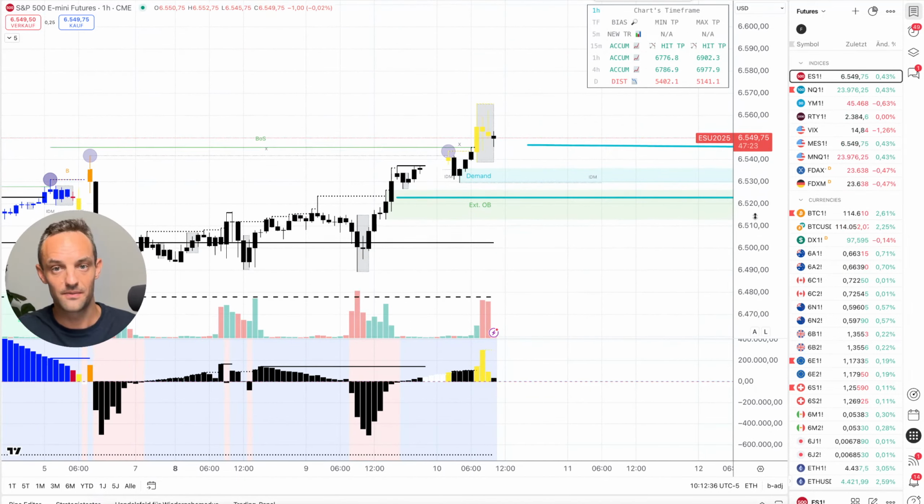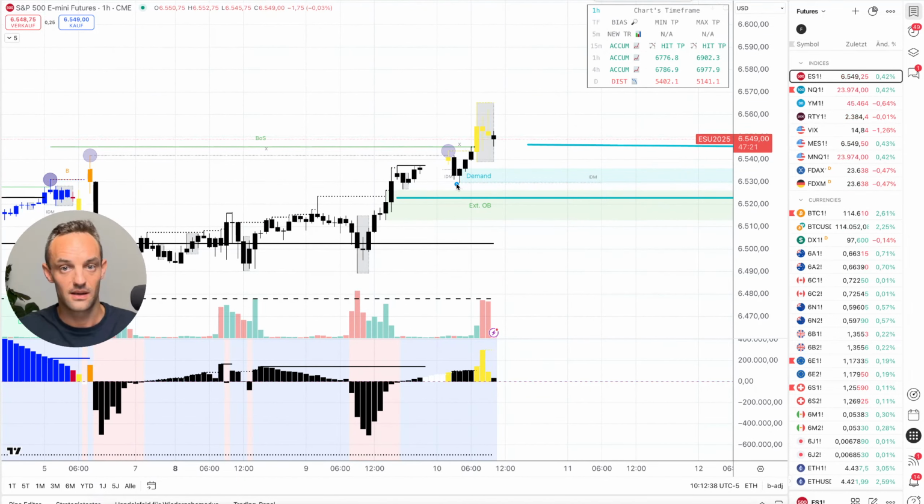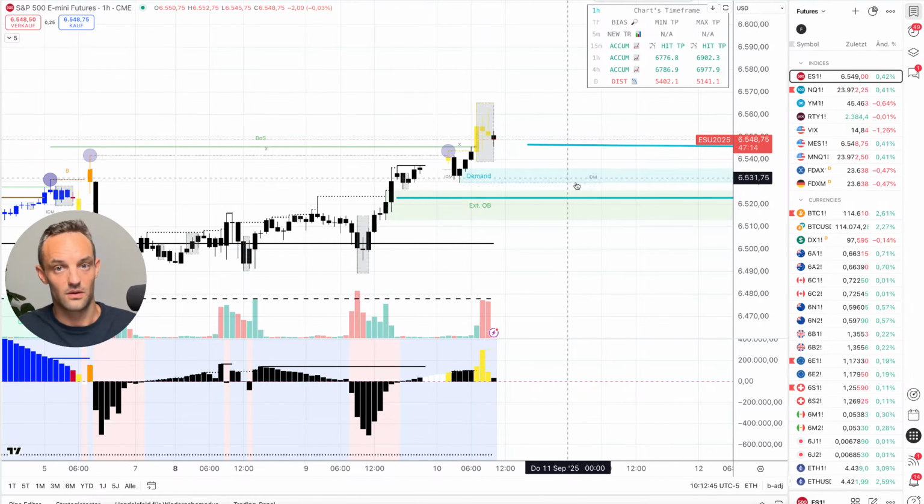We also see, quite interesting, the inducement level and the demand. So this movement to the upside on the 1-hour chart stays valid until the market goes below the demand, below the inducement level.